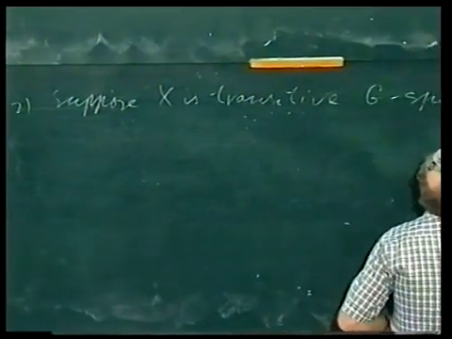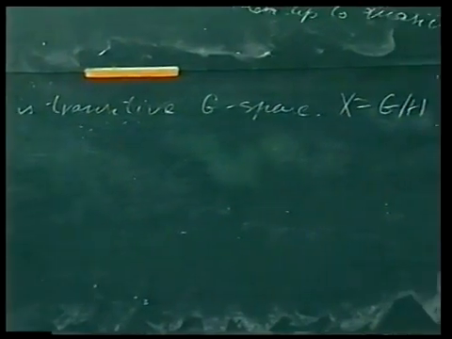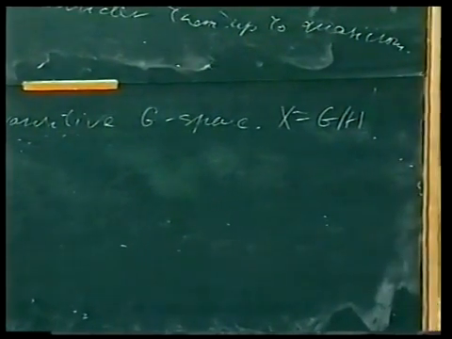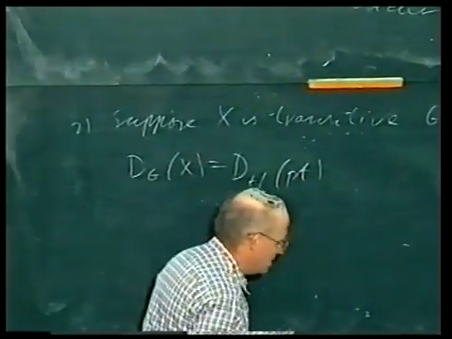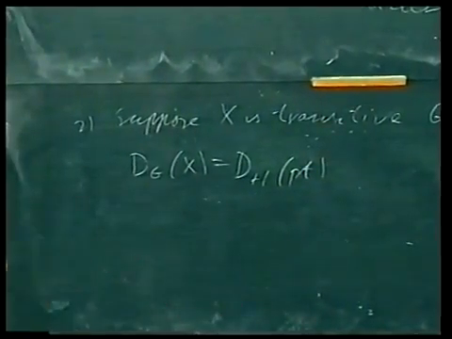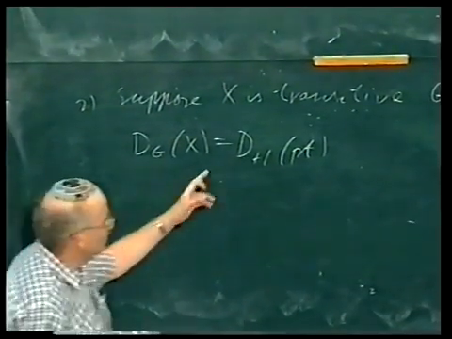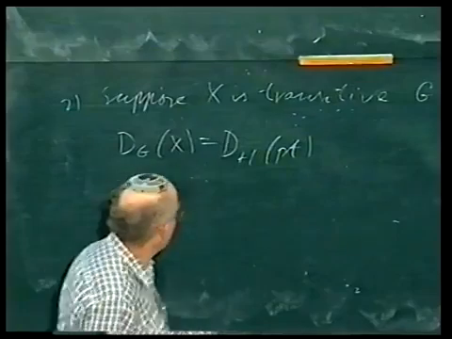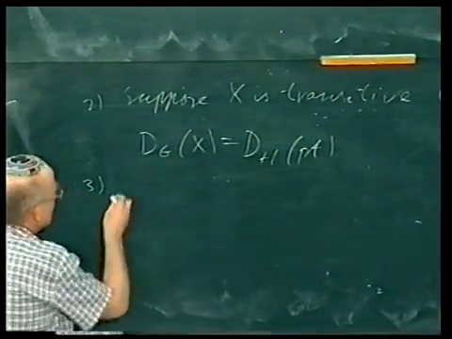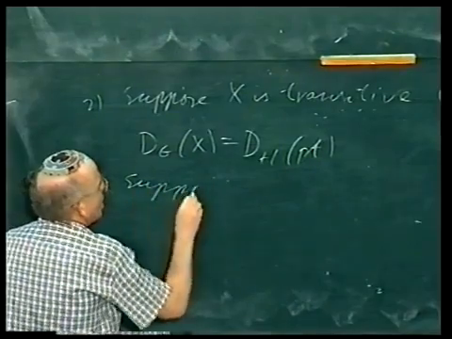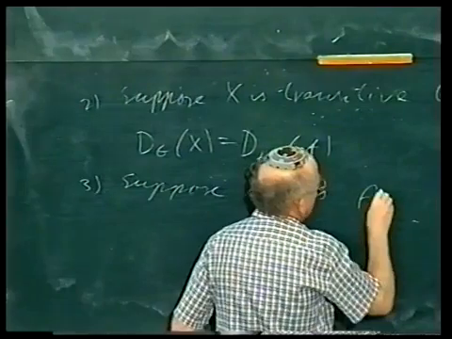So X is equal to G mod H. Then, of course, D_G of X is the same as D_H of a point. From the point of view of stacks, it's clear that they give the same stack. So we can compute it in a similar fashion. And so the next interesting example is that suppose X has a finite number of orbits.